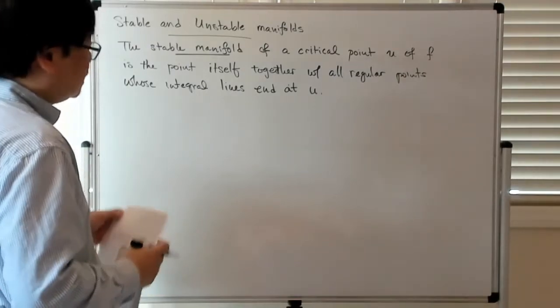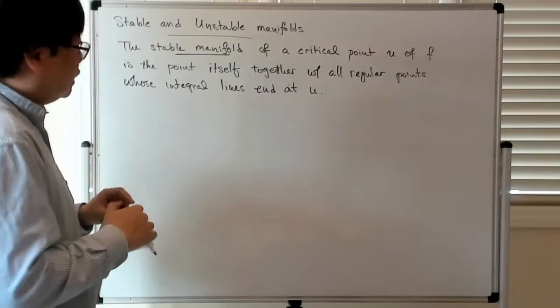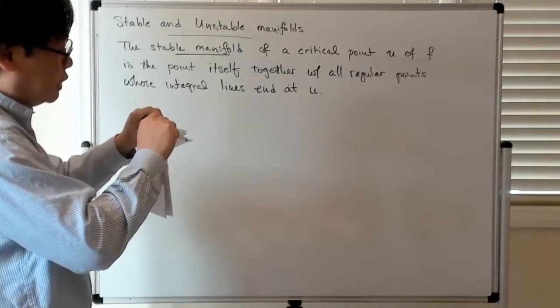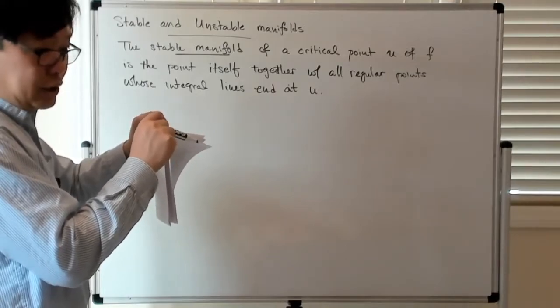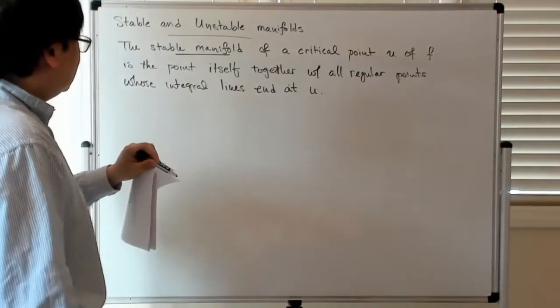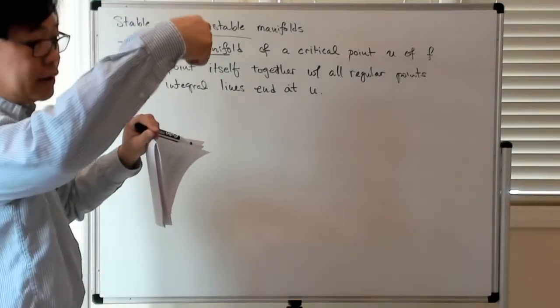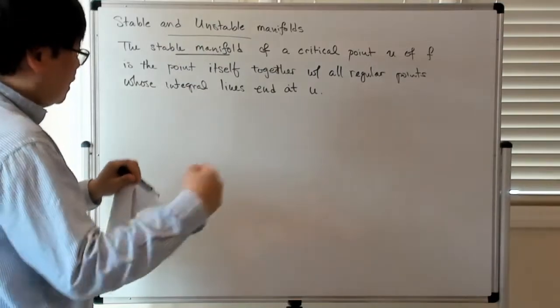And the unstable manifold is what you expect, the reverse of that. So if you're close to the critical point but not actually at it, they diverge away from the critical point. Or another way to think about it is that they approach the critical point as you go in negative time.